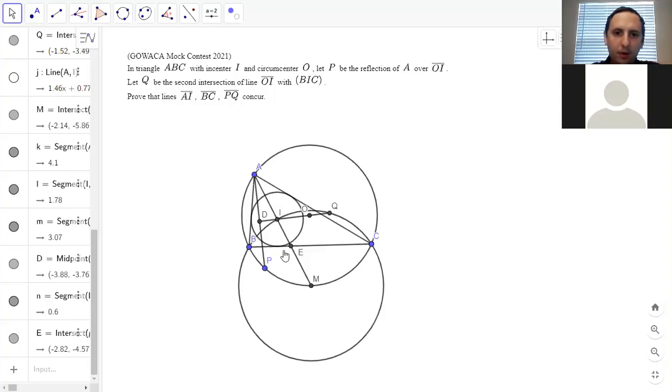It almost feels like Poncelet's porism a little. I wonder if PQ is tangent to the circle.